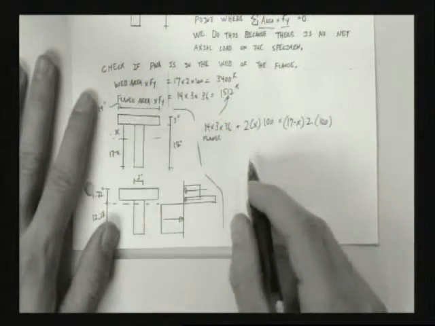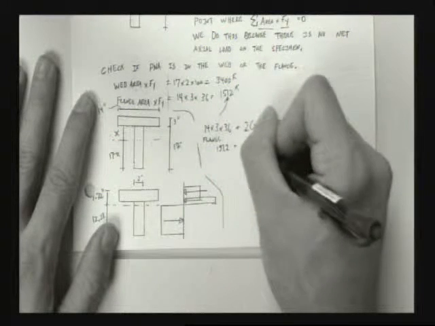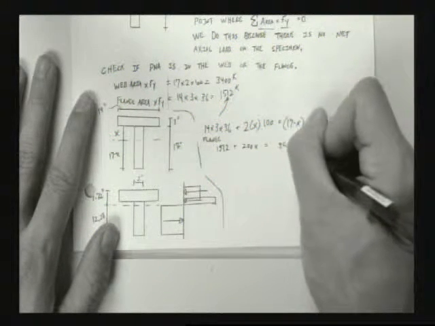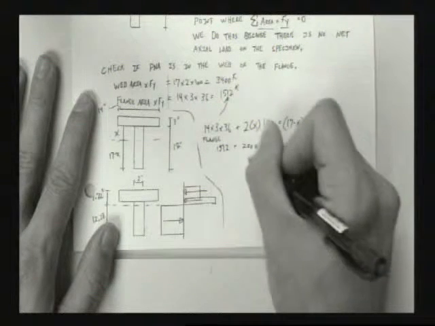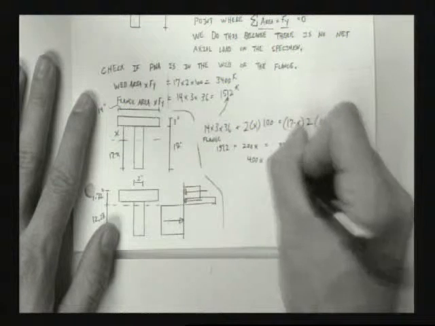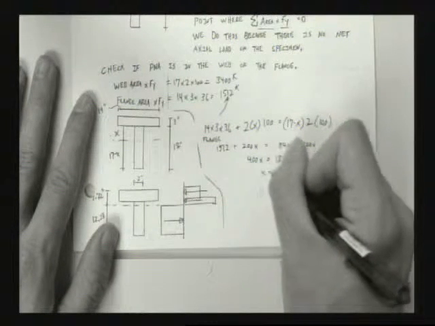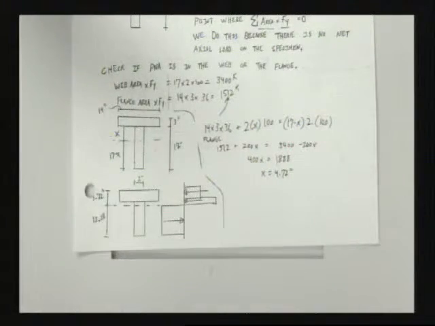I want to solve this. 1512 plus 200x equals 3,400 minus 200x, 400x equals 1888. x equals 4.72 inches. What's that mean?